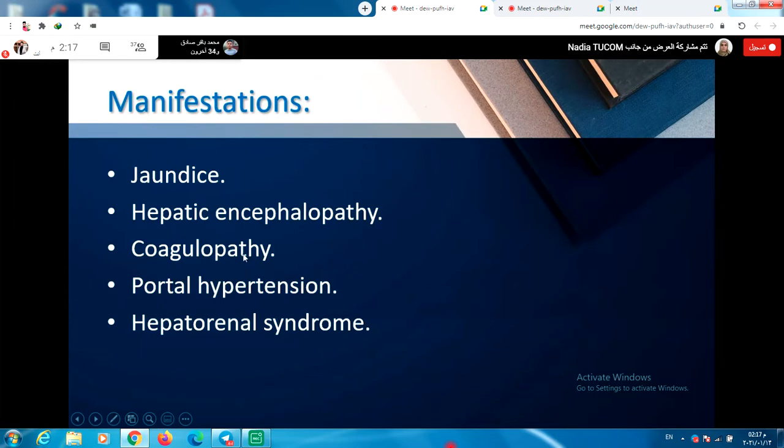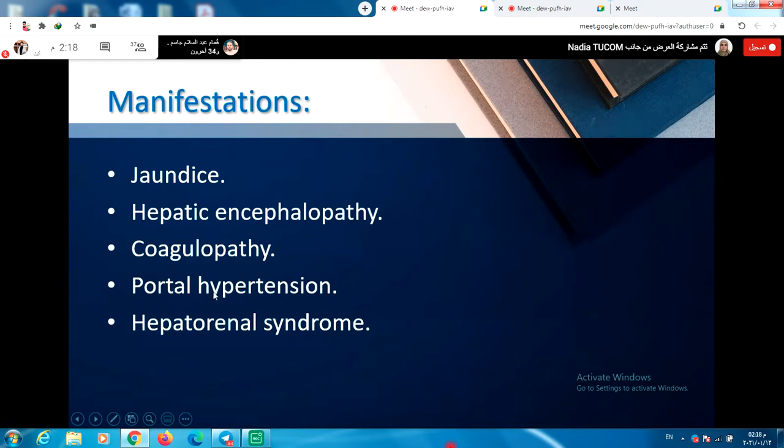manifested as bleeding diathesis and bleeding tendency, and easy bruising as a result of impaired production, or decreased production, of coagulation factors.